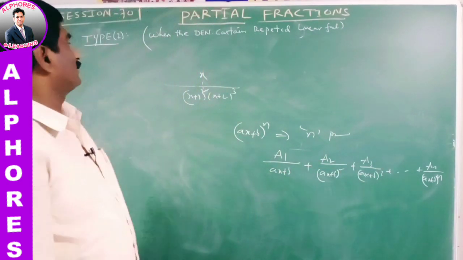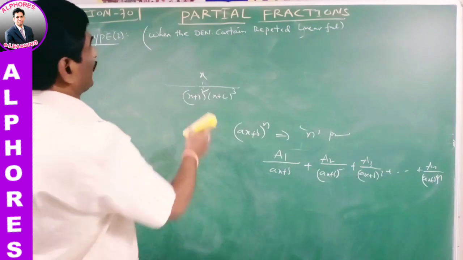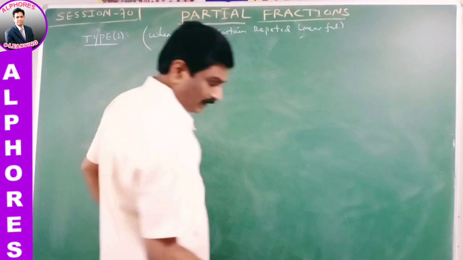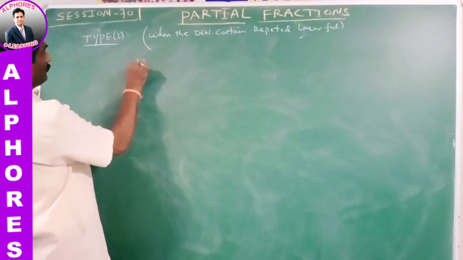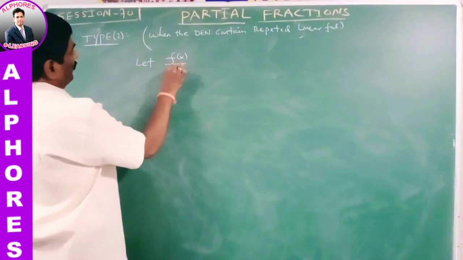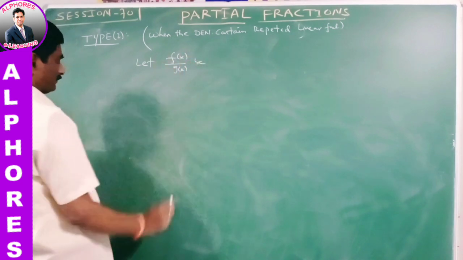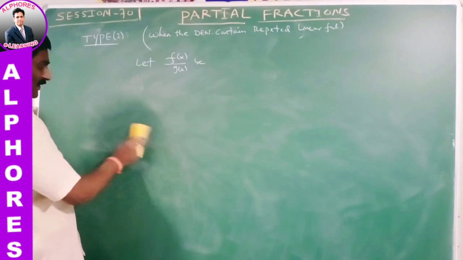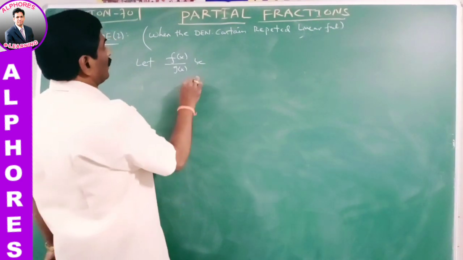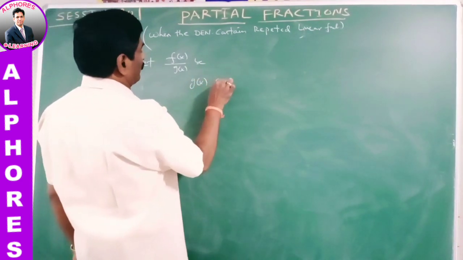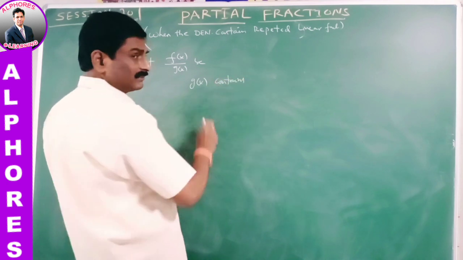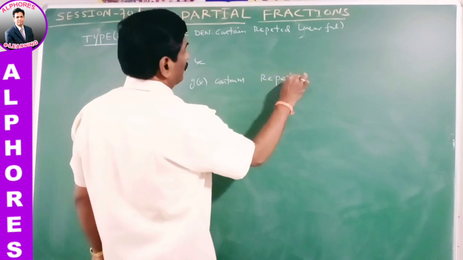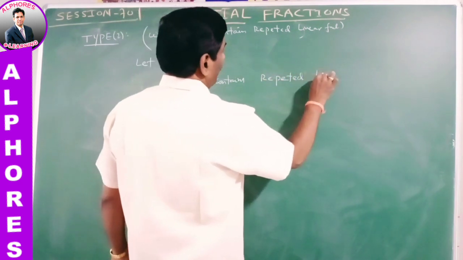Okay, please note this. When the denominator contains repeated linear factors, let f of x by g of x be a proper fraction, and g of x, that means the denominator, contains repeated linear factors.